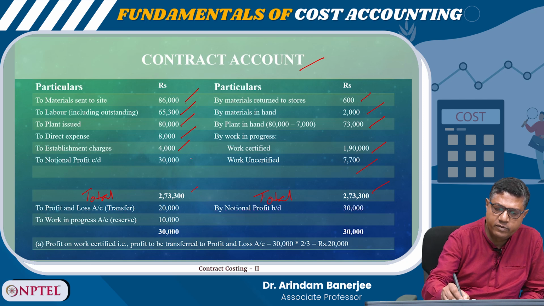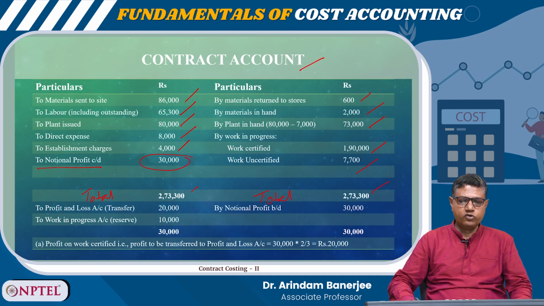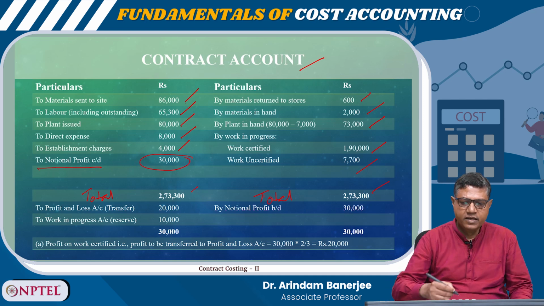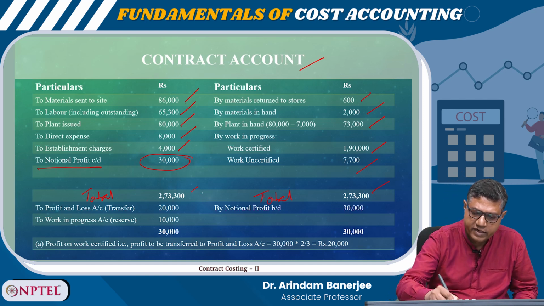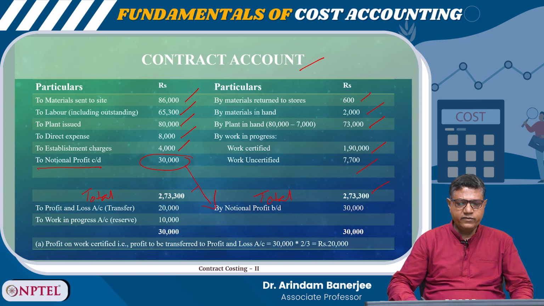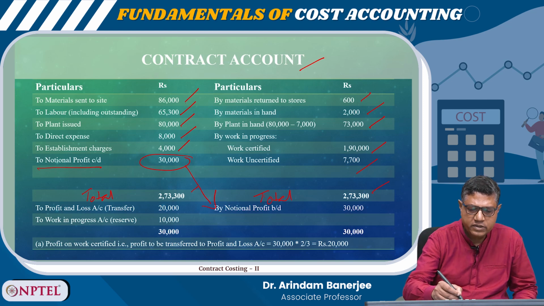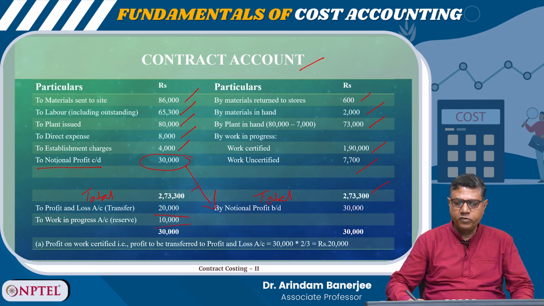If I calculate the balancing figure, it is coming to 30,000, which is the notional profit. So, this is the notional profit carried down, 30,000. This 30,000 I am carrying over here, and out of that in the P&L account I am transferring 20,000, right. The rest balancing amount, 10,000, is going to work in progress.